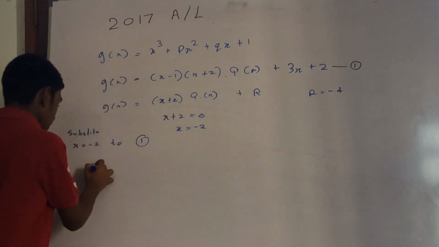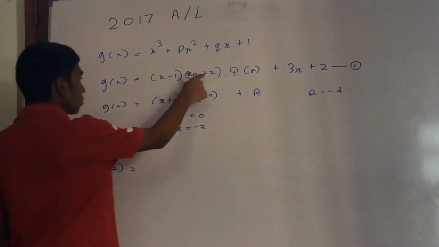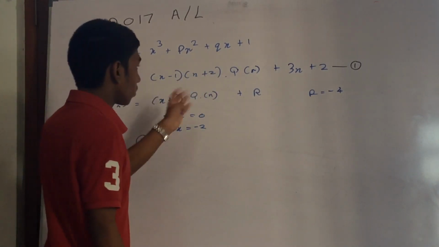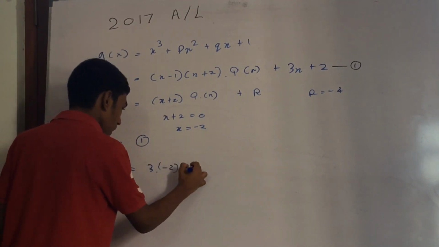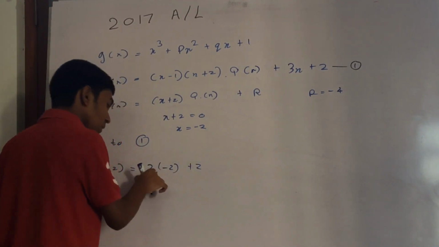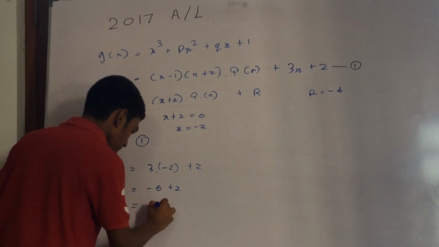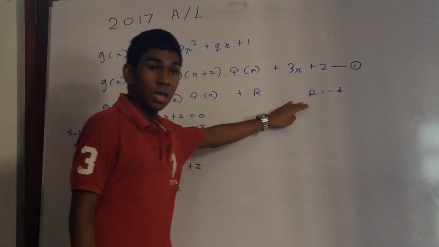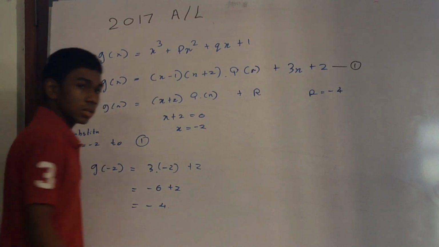So we get g(minus 2) is equal to minus 2 plus 2 is 0, 0 into x minus 1 is 0, 0 into quotient is 0, 3 into minus 2 is minus 6, plus 2 will be minus 4. They are asking us to show the remainder is minus 4, and here we got minus 4. Now we write a statement.